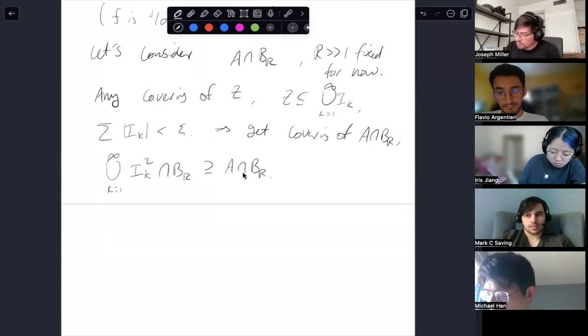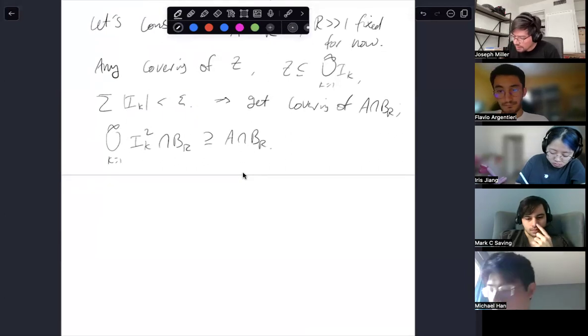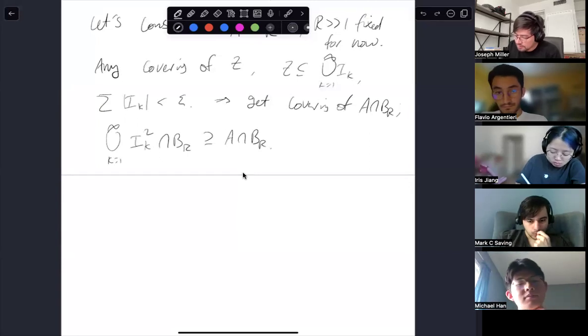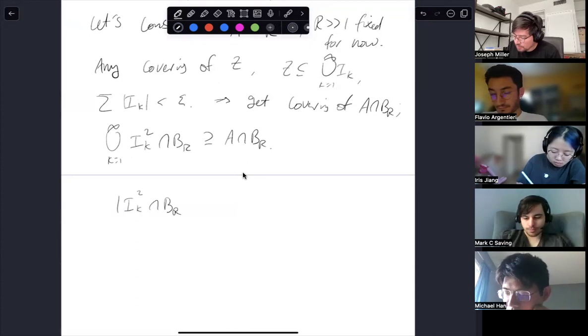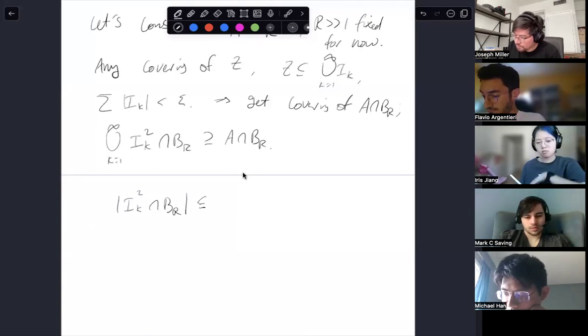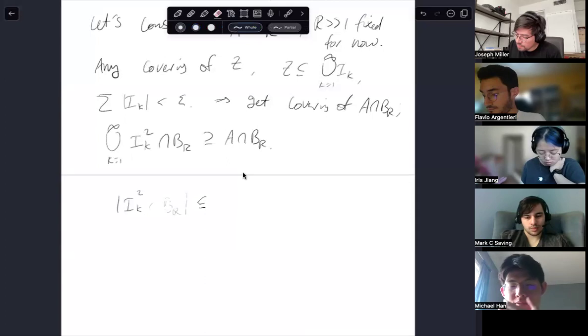Okay, so once I do this, now I know the measure of this set, I_k squared intersect B_R, is going to be less than or equal to, let's say it this way.